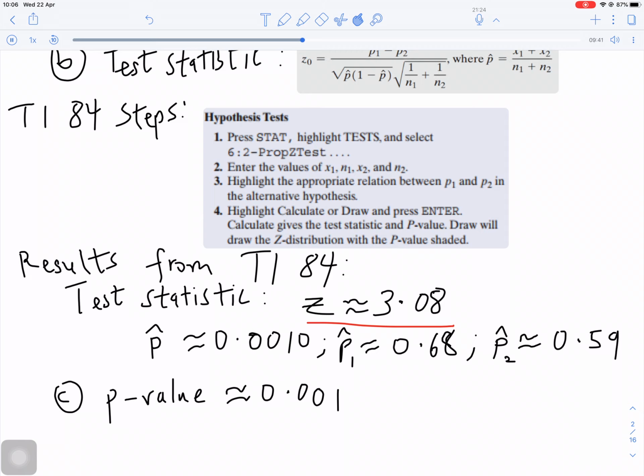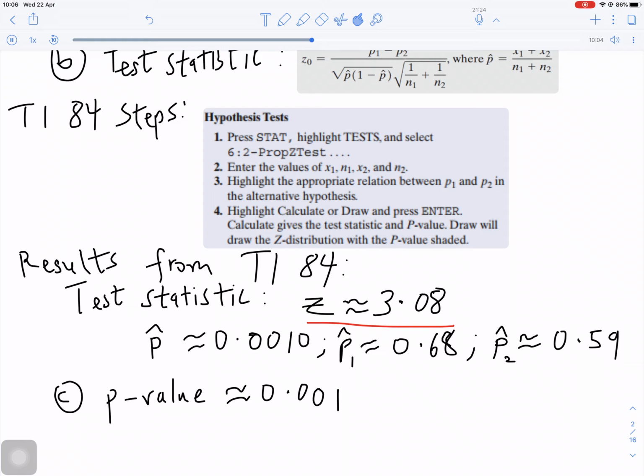And then we're also given P1 cap and P2 cap. Now what is of interest to us in this question is 3.08, which is the test statistic. Now one other value that you see over here is given as P equals 0.001 approximately, and that is the p-value.